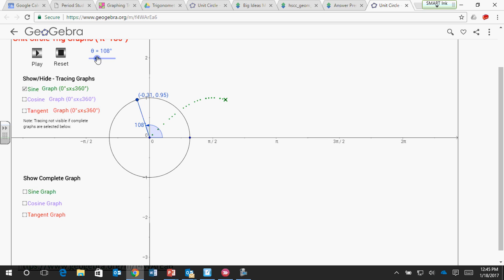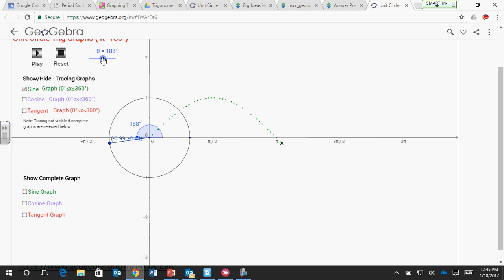At 120 degrees, we'll be at the square root of 3 over 2. At 135 degrees, square root of 2 over 2. And when we get to 180 degrees, we're back to 0. So far it kind of looks like a parabola, doesn't it?